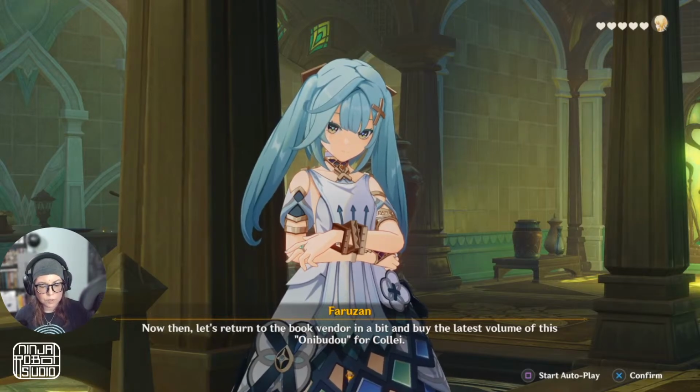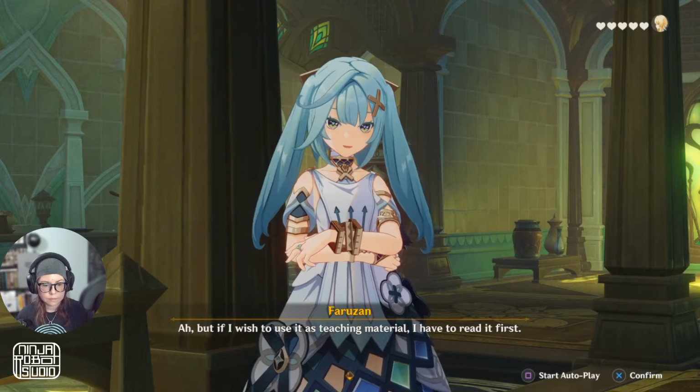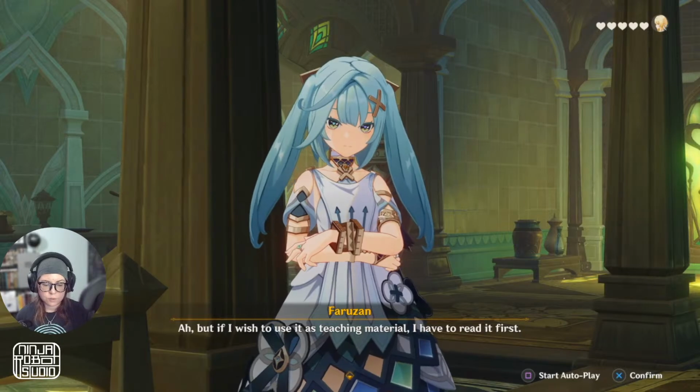Now then, let's return to the book vendor in a bit and buy the latest volume of this Onibudo for Calais. But if I wish to use it as teaching material, I have to read it first.